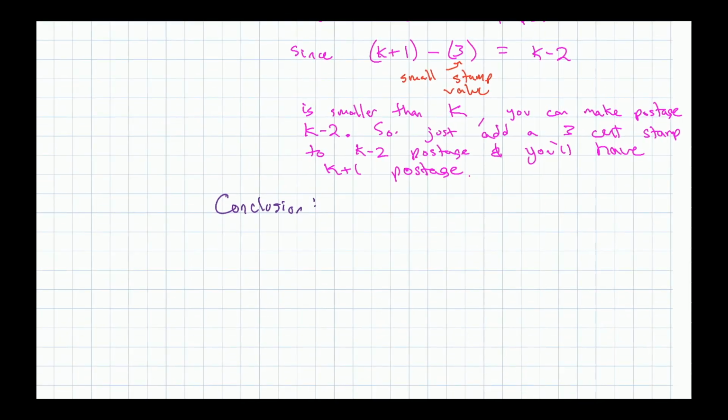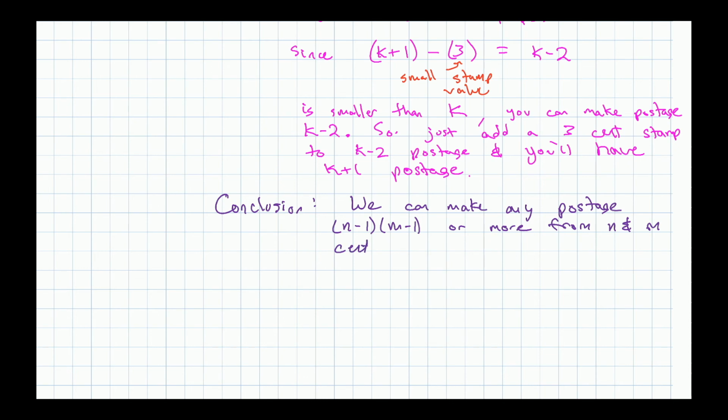So you're just going to make a conclusion. You're just going to say, therefore, we can make any postage. What was it? It was like n minus 1, m minus 1, or more, from n and m cent stamps.